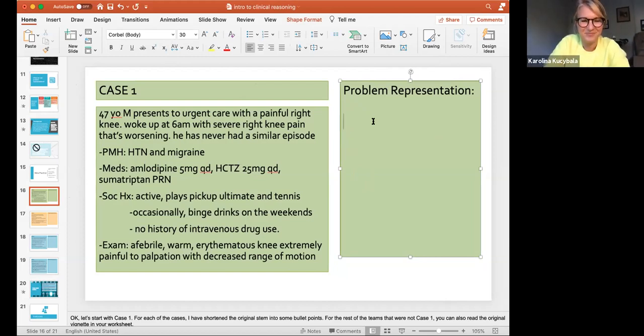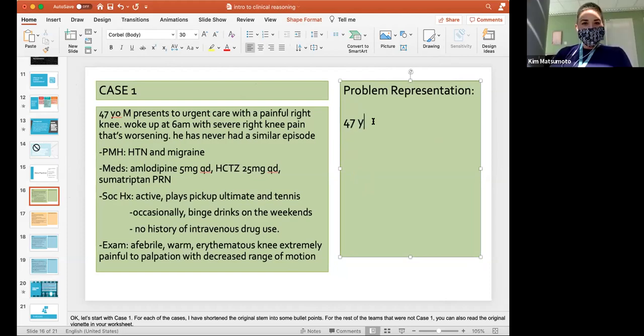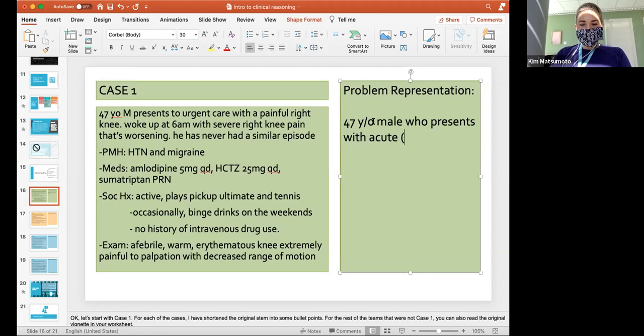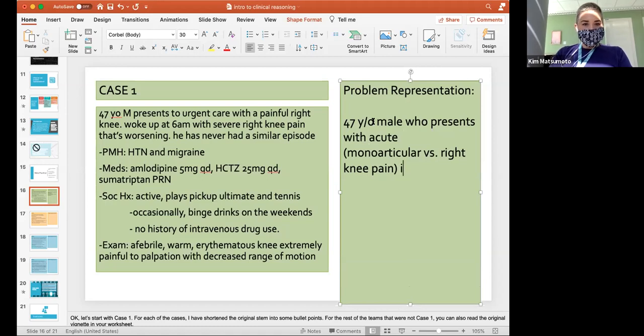So we had a 47-year-old male who presents with acute, and then we were debating between saying monoarticular versus right knee pain, and then inflammation versus warm, tender. And we're also debating, do we need to include hydrochlorothiazide or binge drinking or not? We opted not to include those things.